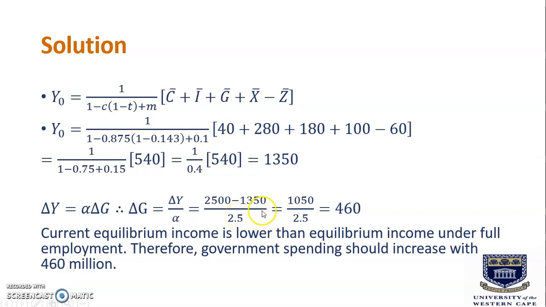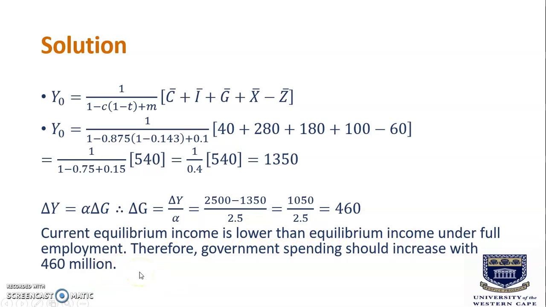If we complete this calculation, we'll come to the value of 460. And so we can now interpret that the current equilibrium income is lower than the equilibrium income under full employment. And so government spending should increase by 460 million.